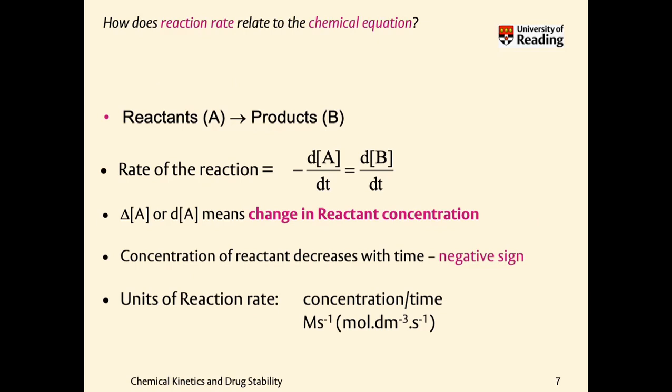The rate of change of reactants can be written mathematically as d[A]/dt. This means the change in concentration of A, the square bracket indicates concentration. So the change of concentration of A against the change in time.